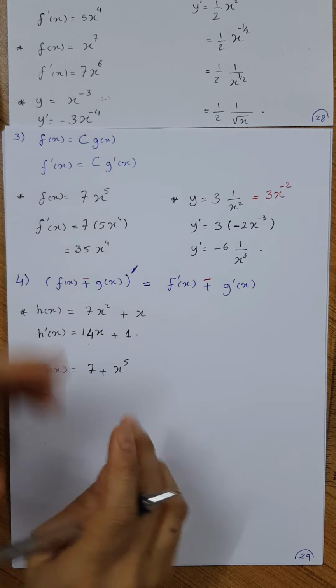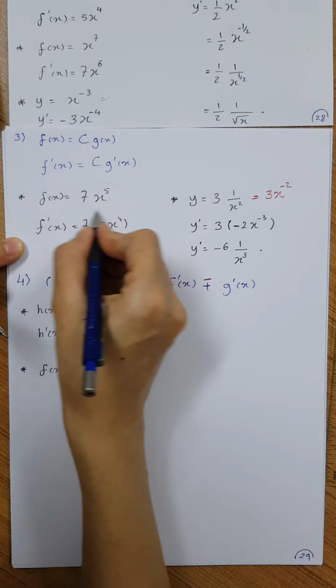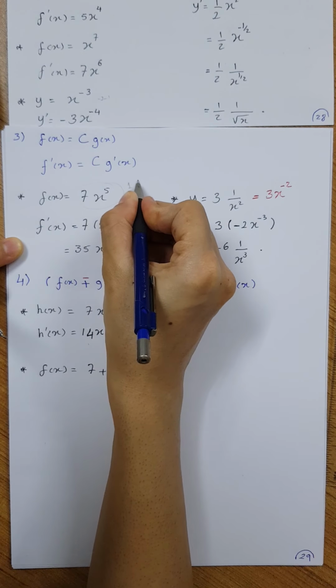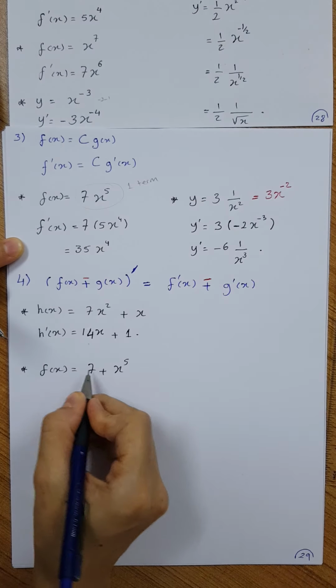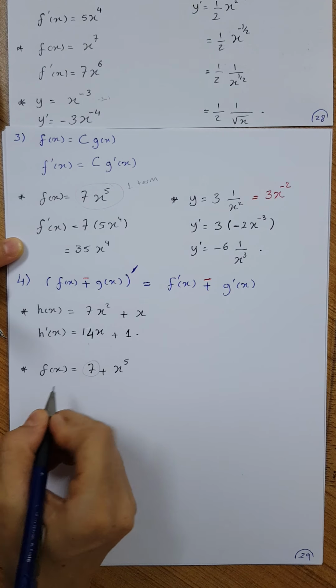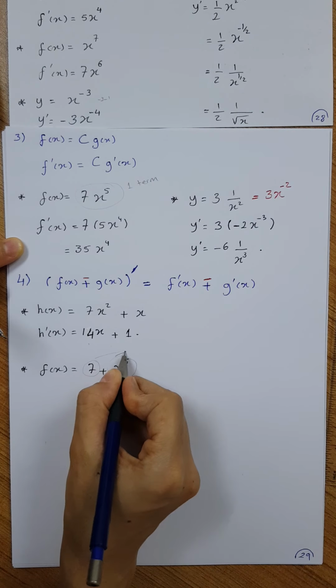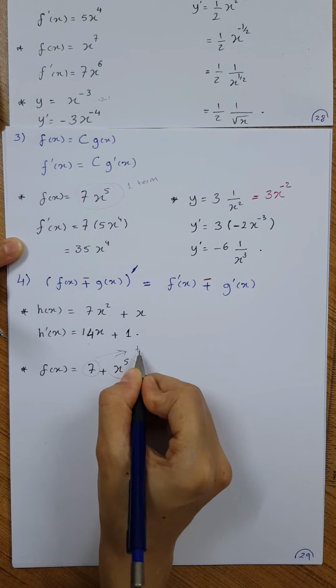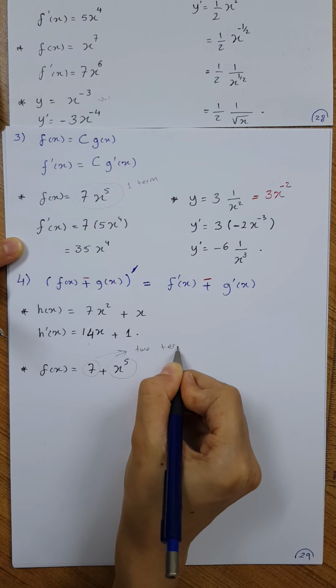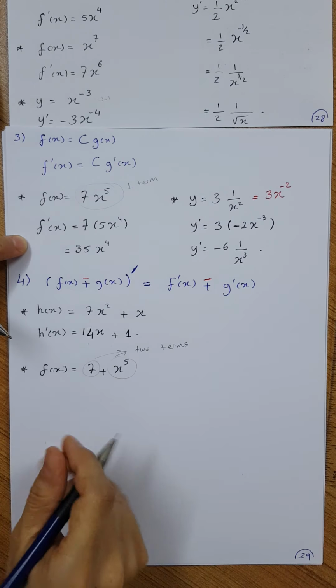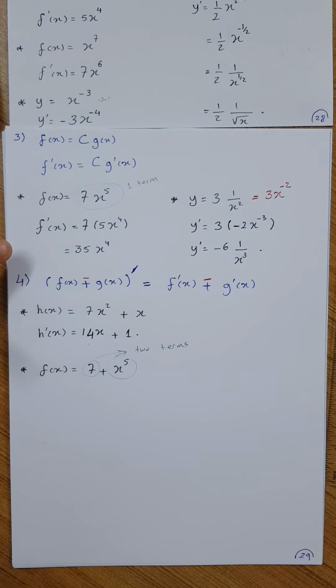There, it's only one term, one piece of function. But here, 7 plus x to the power of 5 is 2 terms. Each one alone is a function, but together they are also a function.